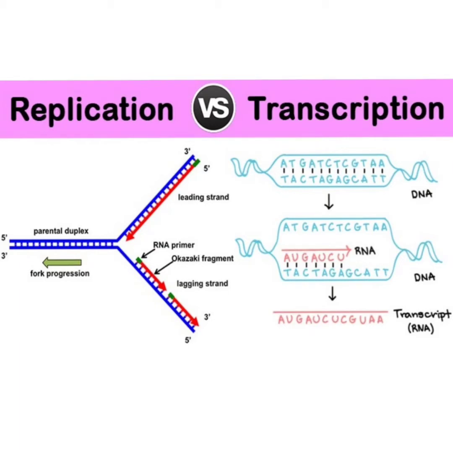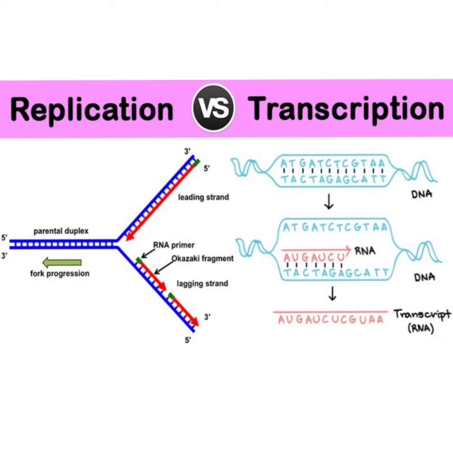So let us know the differences between replication and transcription. In replication, the DNA molecule separates into 2 strands with the formation of a replication fork in the form of a Y, and one strand is called the leading strand, the other strand is called the lagging strand. The leading strand forms the continuous DNA molecule and the lagging strand forms the Okazaki fragments.